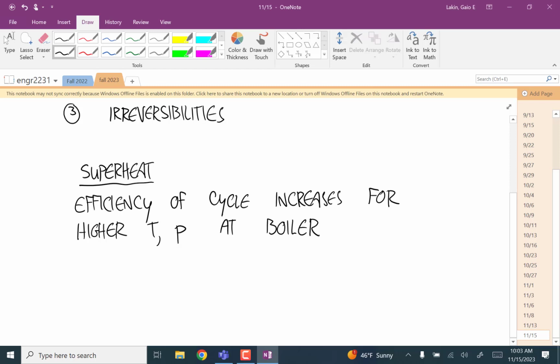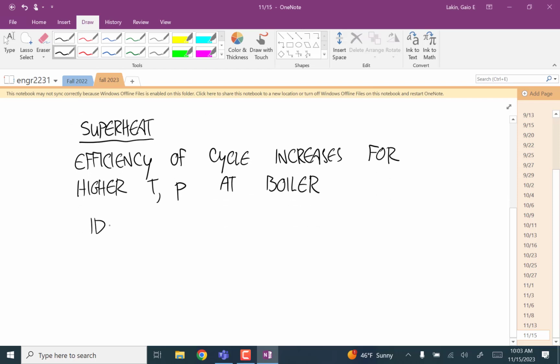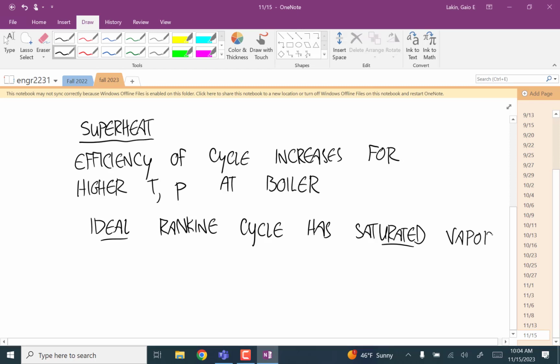The ideal Rankine cycle has a saturated vapor exit the boiler.